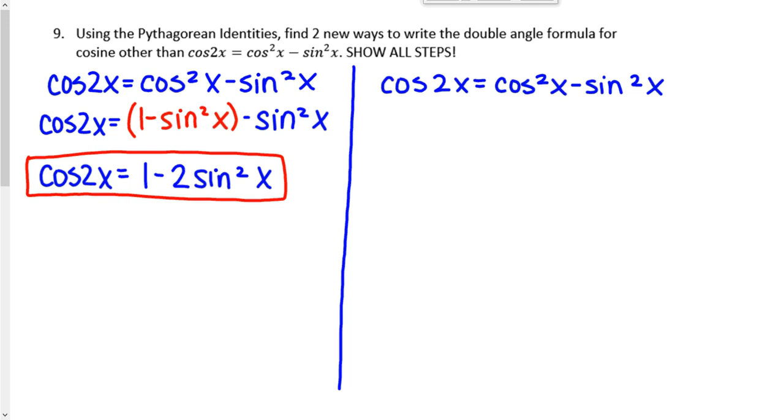What do you think I'm going to replace on this one? The sine squared theta. And what am I going to replace it with?